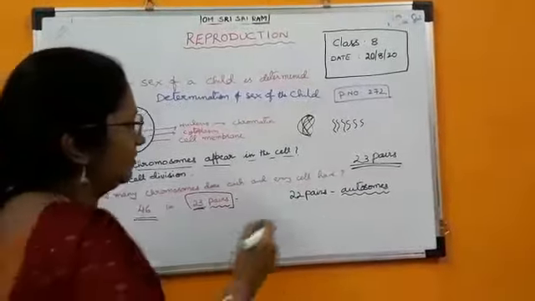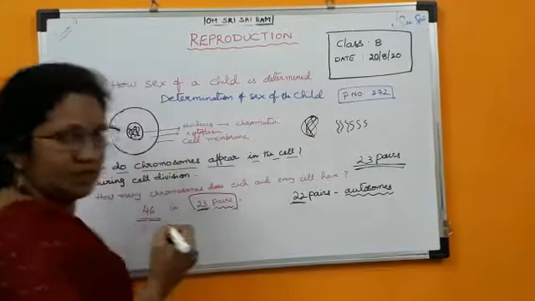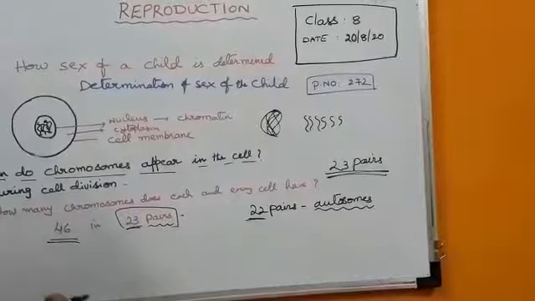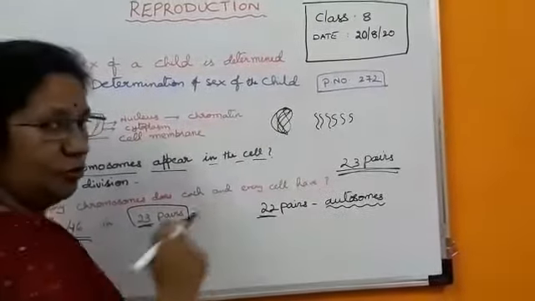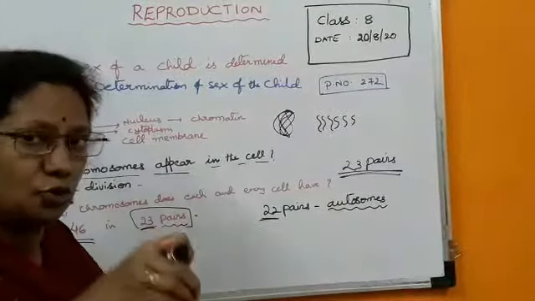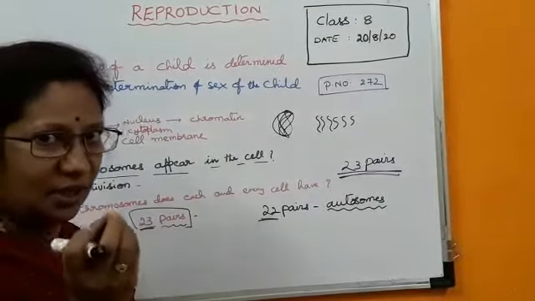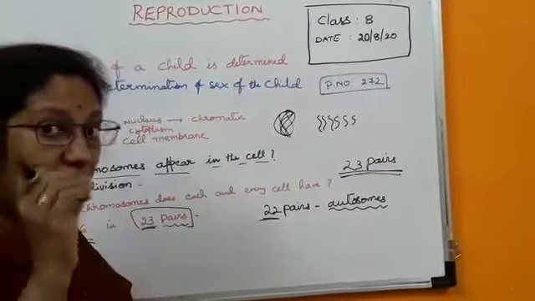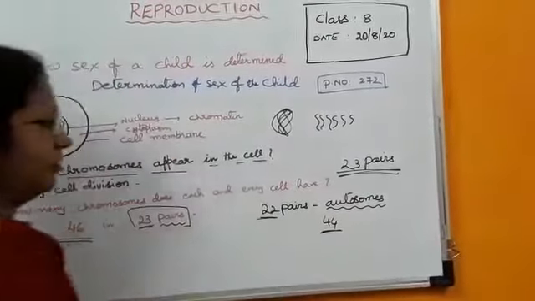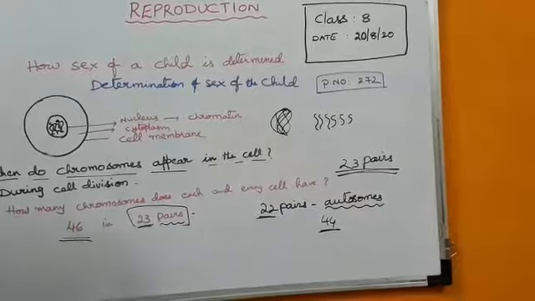Everything is determined by these 22 pairs. Like whether you are a hard worker or a jovial person, everything is determined by these 22 pairs of chromosomes. So how many autosomes do you have, children? 44. Very good. 44 chromosomes are autosomes.